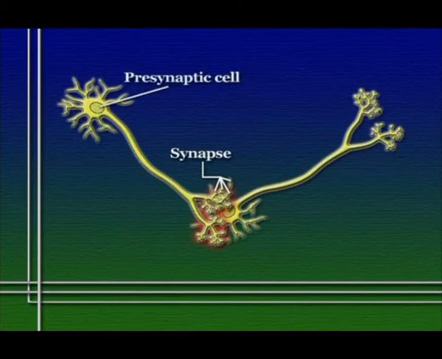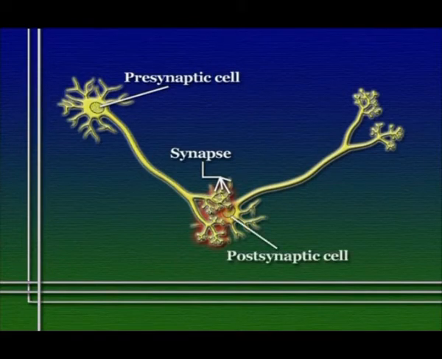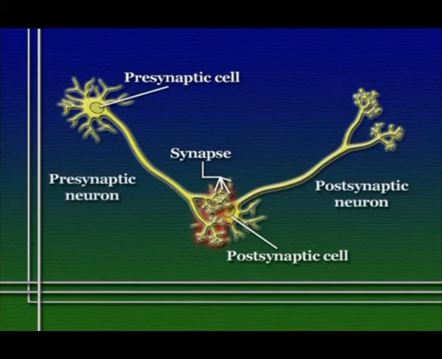And we call the cell that's receiving the information, if it does, the postsynaptic cell. So in our model of two neurons, we would imagine that the axon from one neuron makes connections with its synaptic terminals on the cell bodies and dendrites of another neuron. The first neuron we will call the presynaptic neuron, and the second neuron we'll call the postsynaptic neuron.